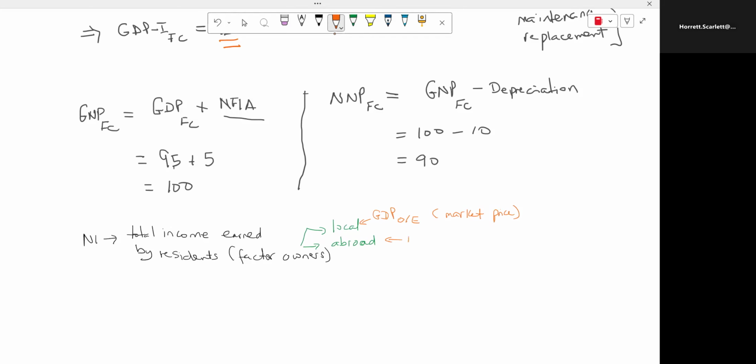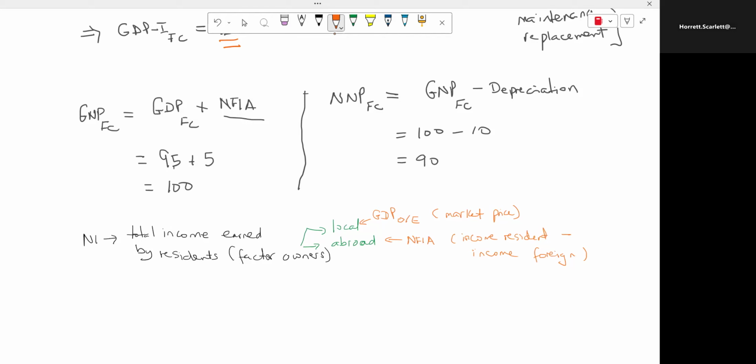The residents who are abroad, we would need to account for their income by virtue of looking at the net factor income that is coming from abroad. And it's net because we're looking at the income of the residents who are abroad minus the income of the foreigners who are local.